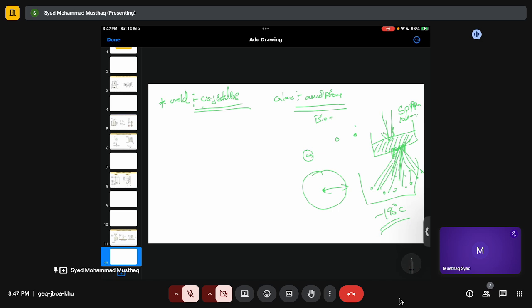Biot number tells you what should be the dimension and the conductivity. So one is the dimension, the other is the conductivity.